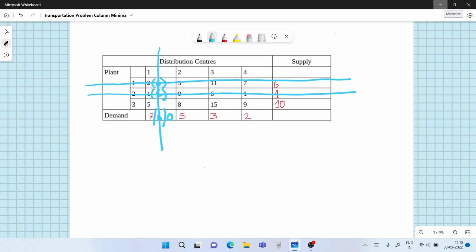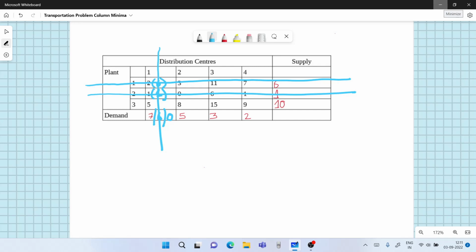Now the optimization that we have done in this cannot be done for other distribution centers, because all the milk supply from plant number 1 and plant number 2 have been given to distribution center number 1. Therefore, now what remains is only plant number 3.